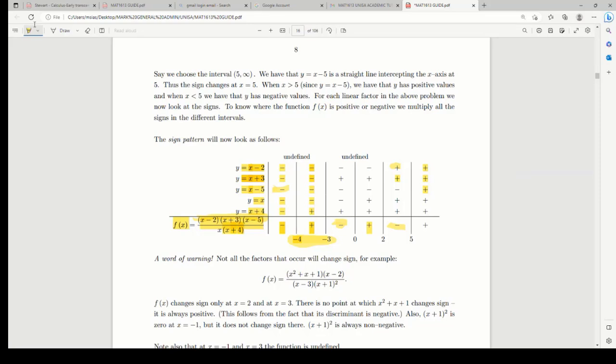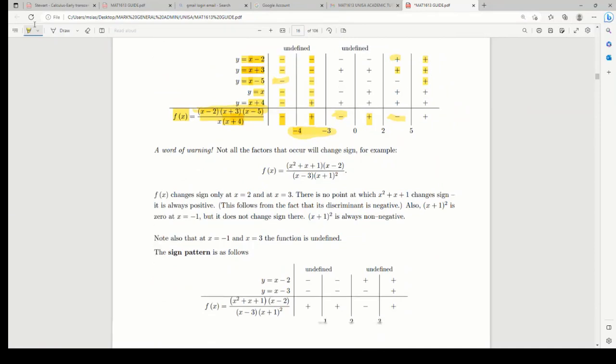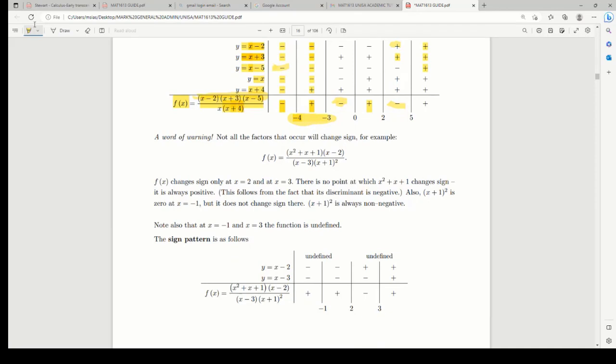For the interval minus 4 to minus 3, it's positive now, above the x-axis. Can you see that? I said I can see. Great, I just didn't want you to mix it up with first derivatives yet, because you spoke of increasing and decreasing functions. Right, okay.